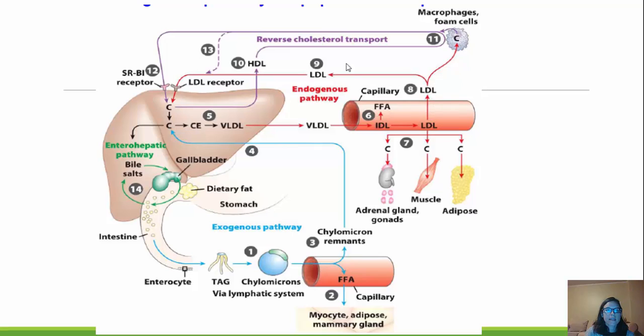So our LDLs not only go to our extrahepatic tissues where they're taken up by cells, but they also go back to the liver via the LDL receptor. We'll just talk about those two parts here. Our next topic is HDL and reverse cholesterol transport.